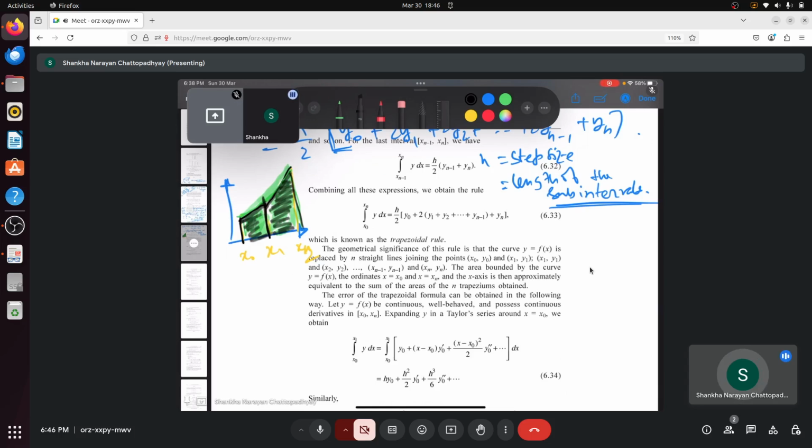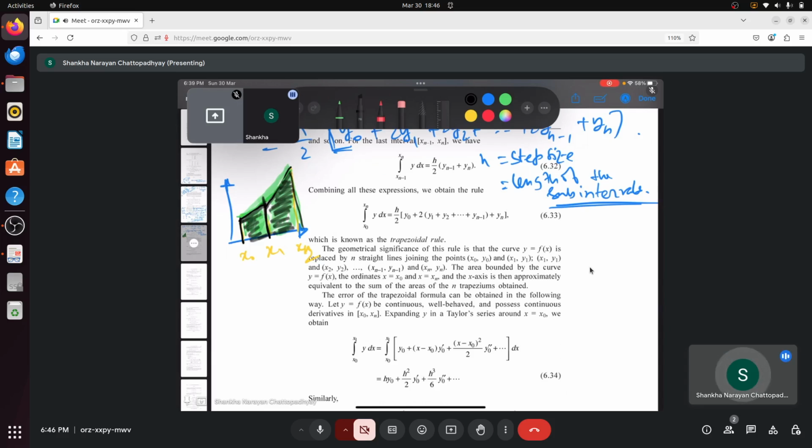So trapeziums are constructed, that's why this methodology is called the trapezoidal rule.